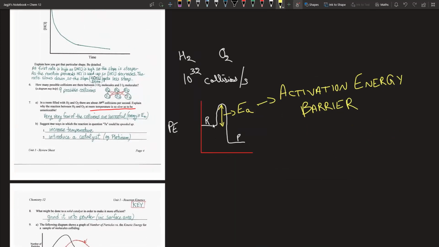If you want to have a successful reaction, if these reactants are to turn into the products, you need 2 conditions. Remember this. I'm going to ask you this question later on again.